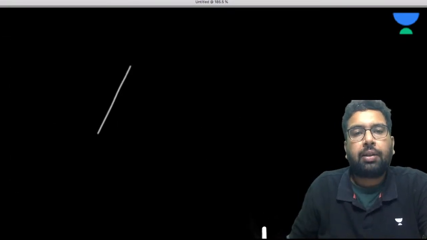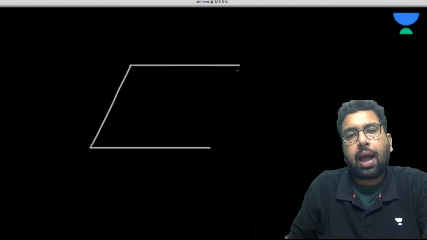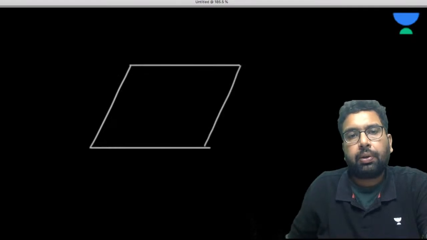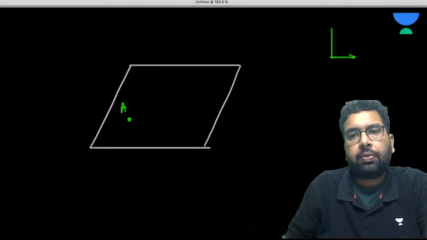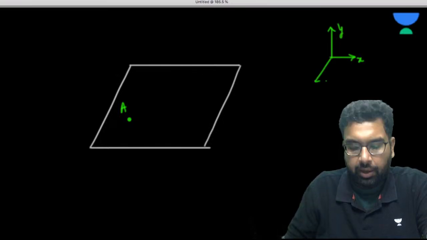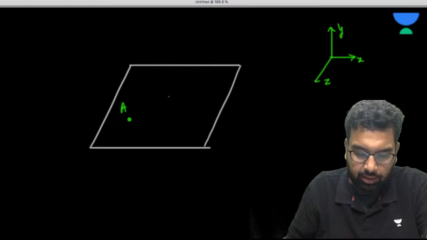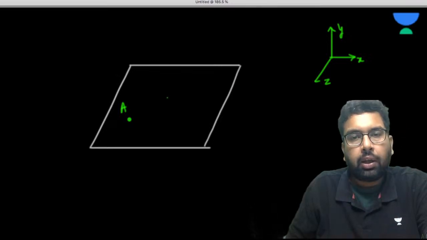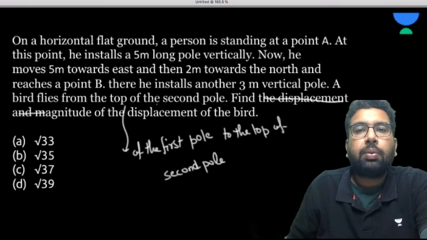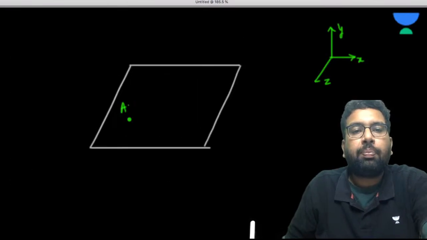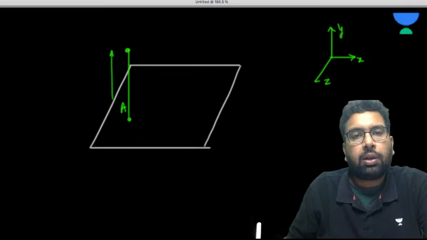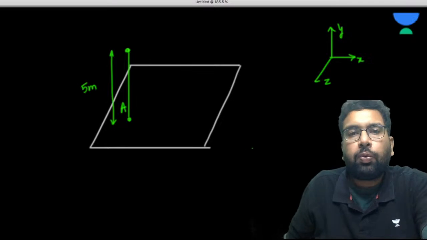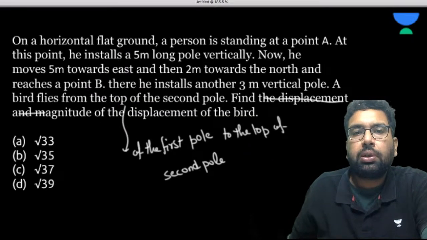We have a plane, and a person stands at a point A. Let's suppose this is your X, Y, and Z. Now at this point A, he installs a 5 meter long pole. So there is a pole which is 5 meter long. Now from this point A, he moves towards the east.